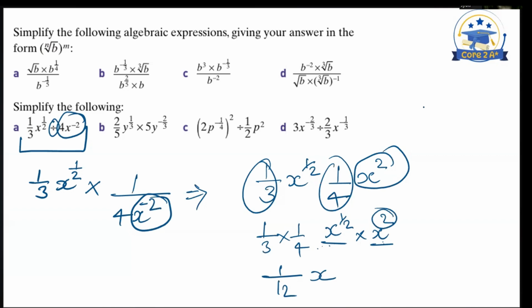And what do we have to do with the power? Multiplication or addition? Addition, okay? Don't multiply. So half plus 2 is how much? If we add half to 2, we get half of 5, right? So half of 5.